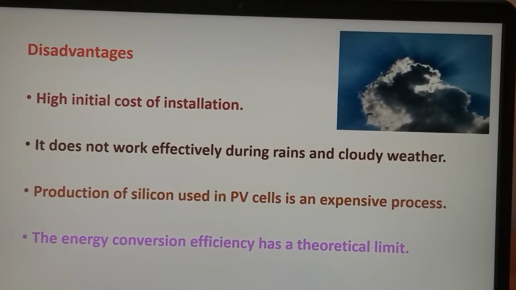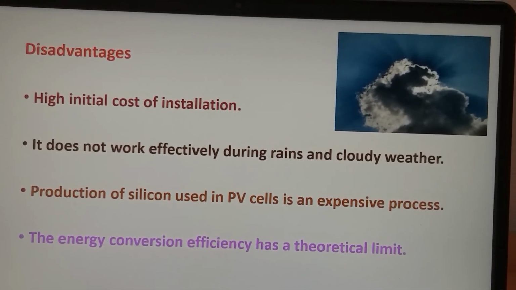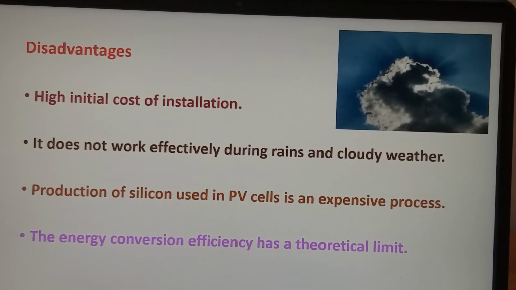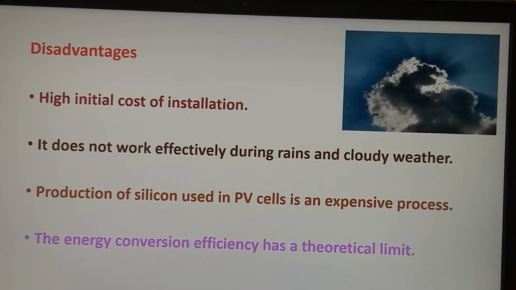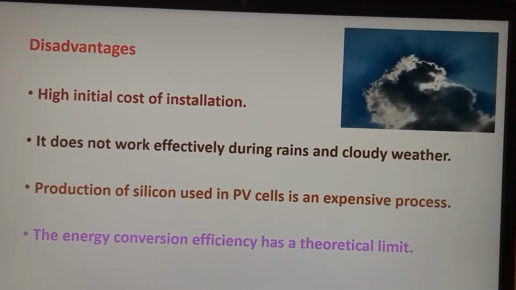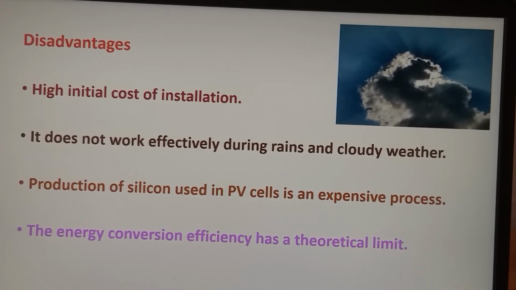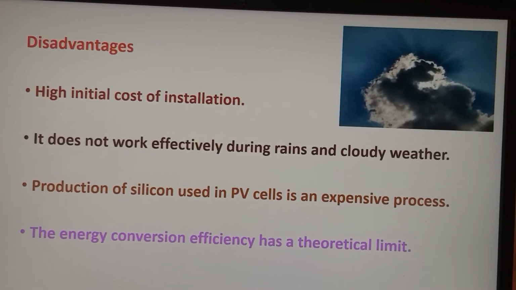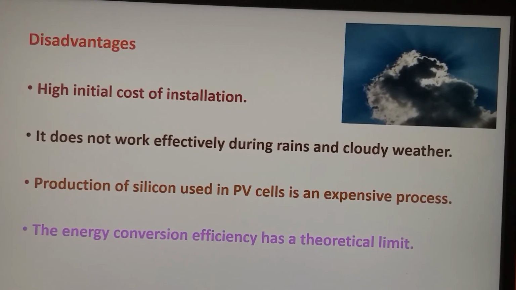The silicon which is used in the production of PV cells is very, very expensive. The energy conversion efficiency has a theoretical limit. So these are some disadvantages, and one more is that after its productive years are over, its disposal is a problem.